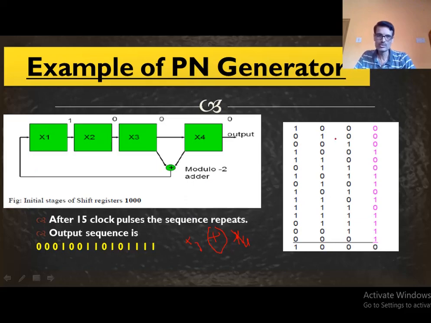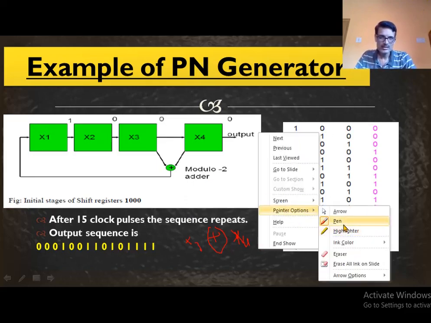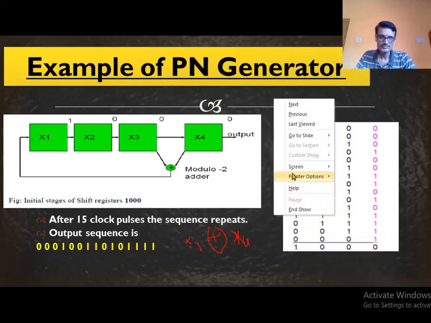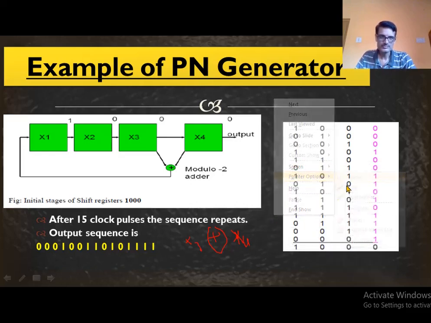That is the next state. So x3 and x4, the modulo 2 operation of this and this, will decide the next state of this.